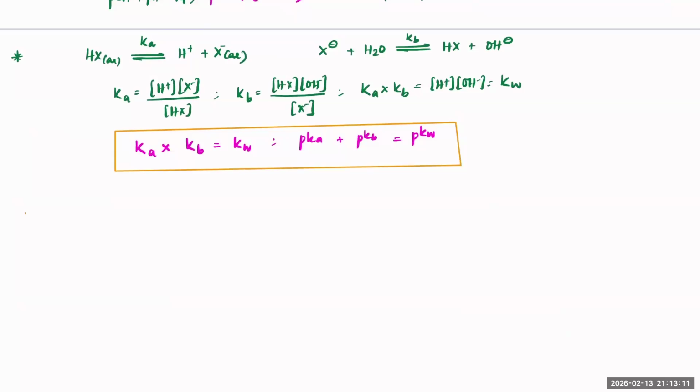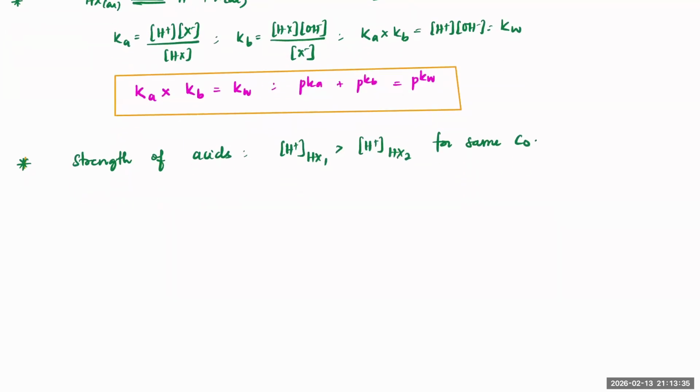Check out the next point here, which is strength of acids. Strength of acids is compared based upon H plus concentration. Suppose H plus of HX1 is greater than H plus of HX2 for the same initial concentration.